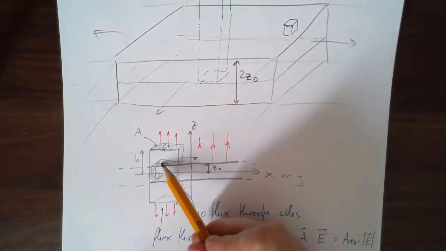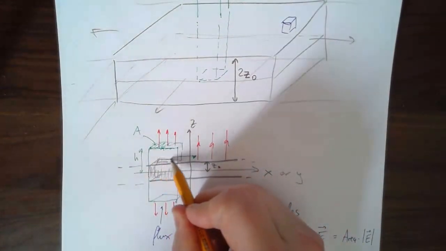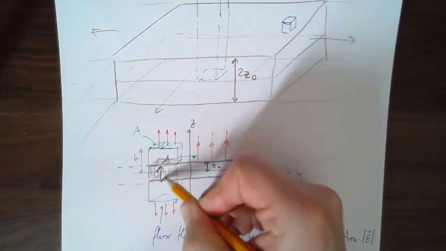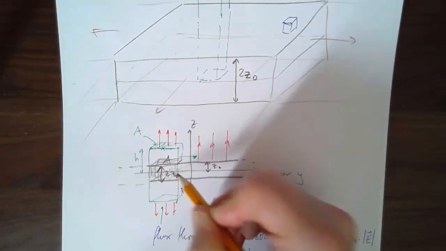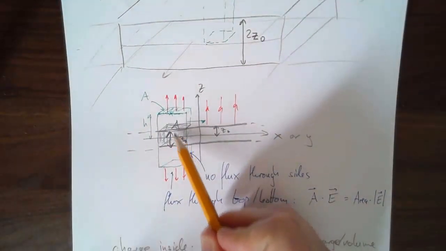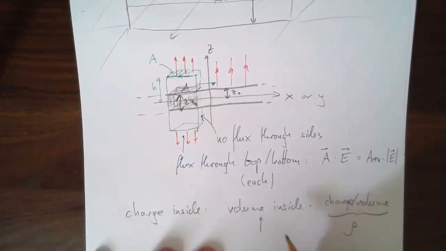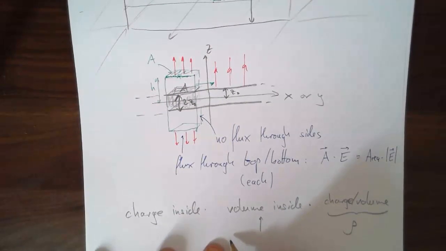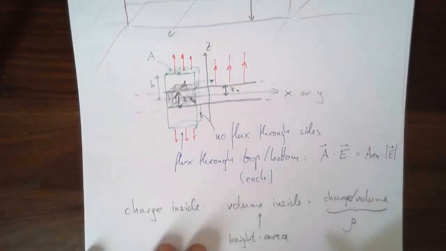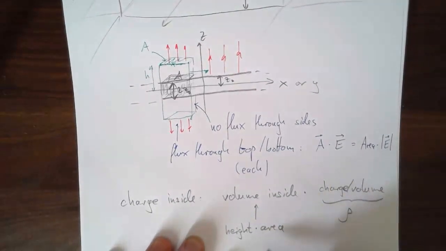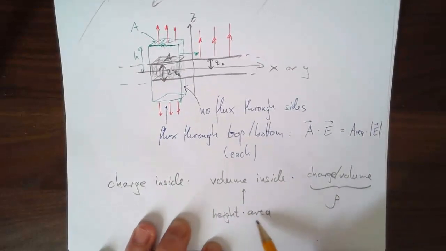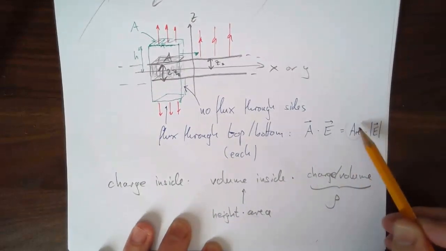Well, the area of this top piece here is A, the height is 2z0, so the volume inside is going to be height times the area, which is 2z0 times A. This area here is the same as this area here.